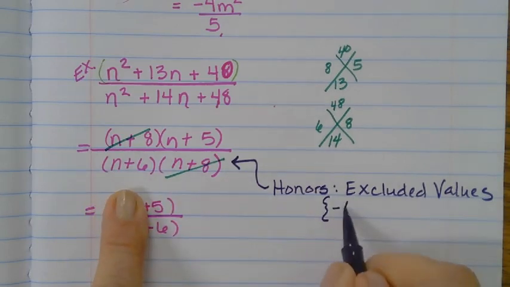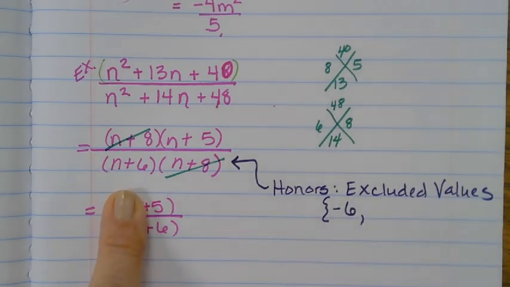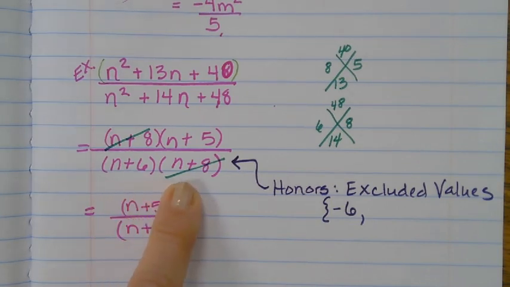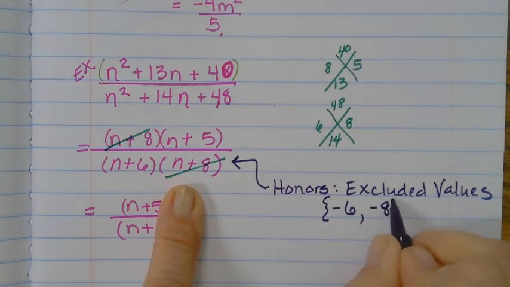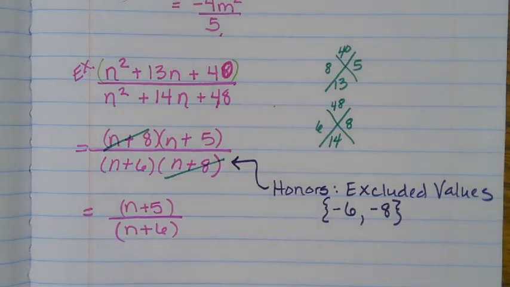Negative 6 would make that a 0, which would make your whole denominator 0, right? So you can't have a negative 6, and we can't have a negative 8. So those are your excluded values or your restricted values.